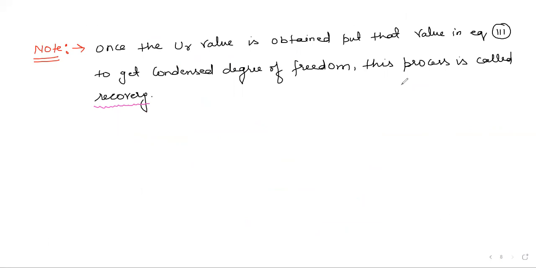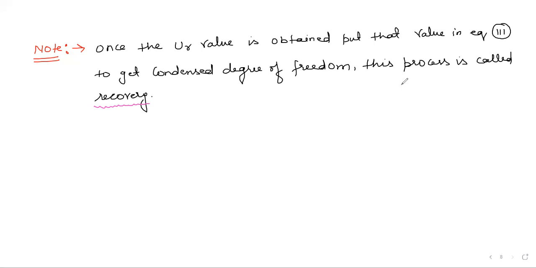So in static condensation, what is recovery? Recovery is nothing but this: once we get the retained displacement, if we put that retained displacement in equation number 3, then we can find the condensed displacement also. This process is called recovery. So this is all about static condensation.